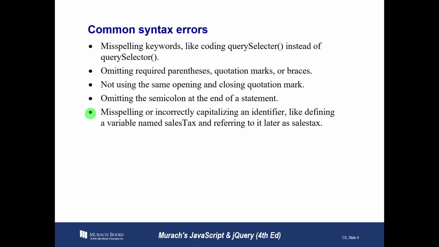Misspelling or incorrectly capitalizing an identifier, like making a variable named salesTax, that's camel case, with the capital T on the second word, and referring to it later as salestax, all one word, all lowercase, or maybe even sales_tax. That can cause big problems in JavaScript, and we'll talk about why coming up shortly.